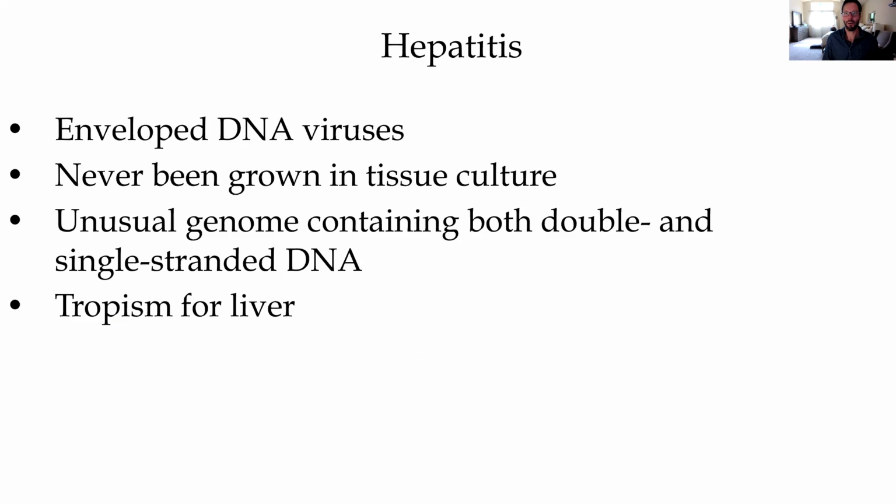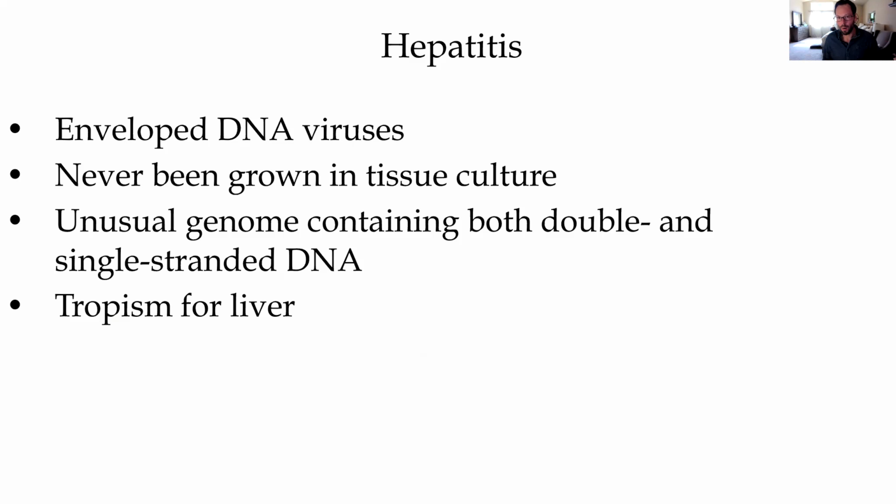Okay, so again, like I say, in biology, there's always these exceptions. This isn't the DNA RNA exception, but it's a virus. It's a family of viruses that have double strand and single strand DNA packaged into their viral particle. Okay, so a little bit of an odd one.